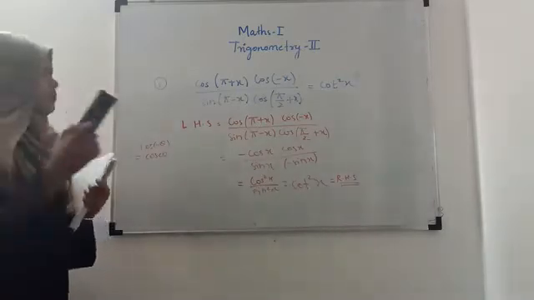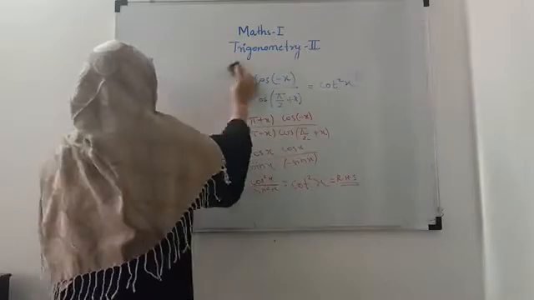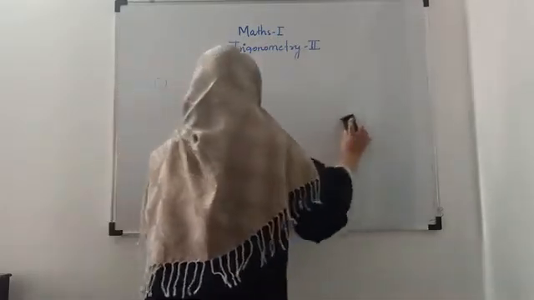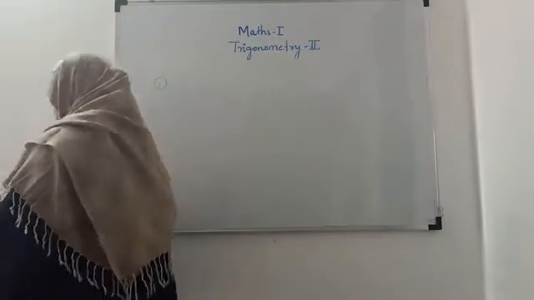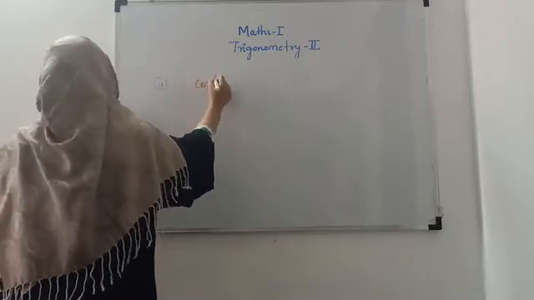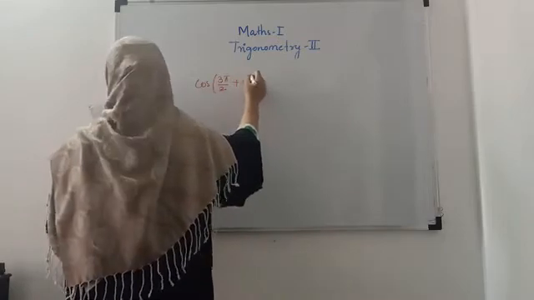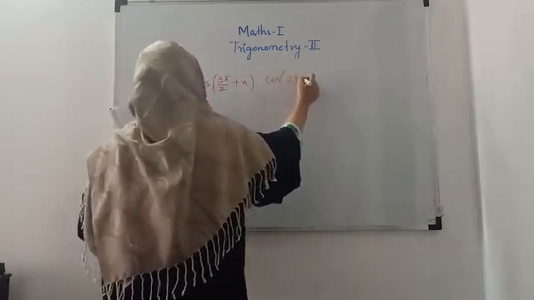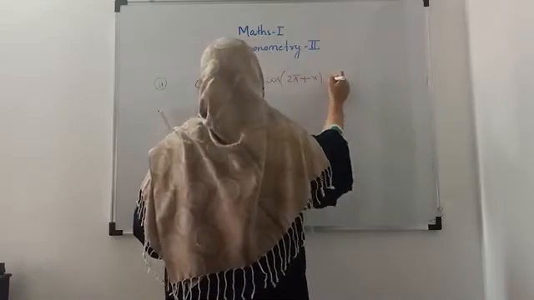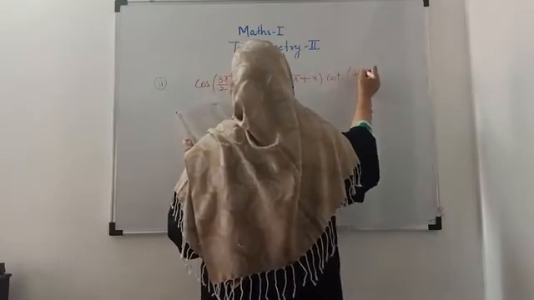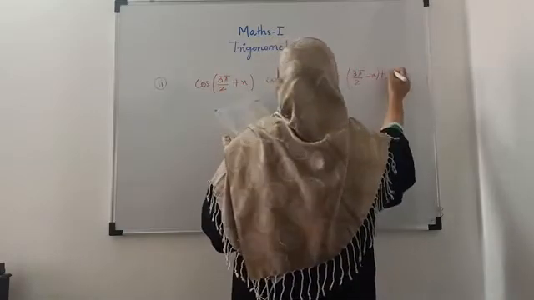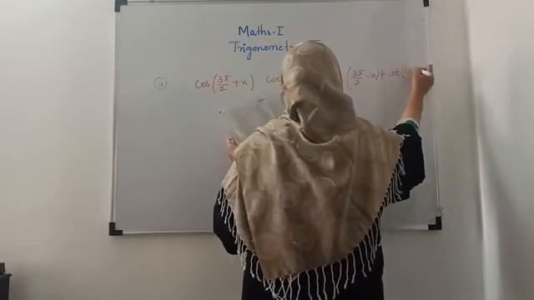Now the next question is cos(3 pi upon 2 plus x) into cos(2 pi plus x) into cot(3 pi by 2 minus x) plus cot(2 pi plus x) is equal to 1.